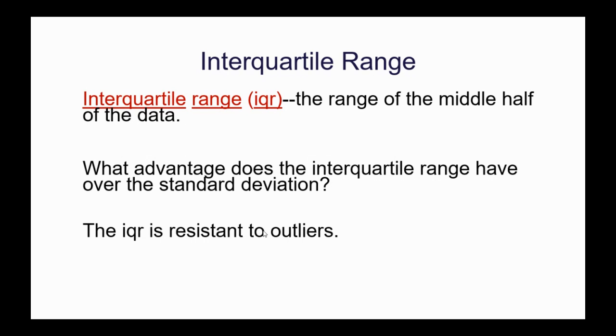Just like how yesterday we said the median, if something is skewed, gives a better example, IQR does a similar deal. It's a better description, and it's easier to calculate than standard deviation.